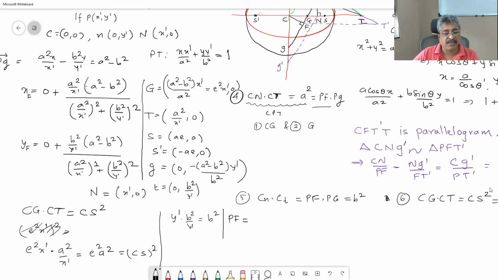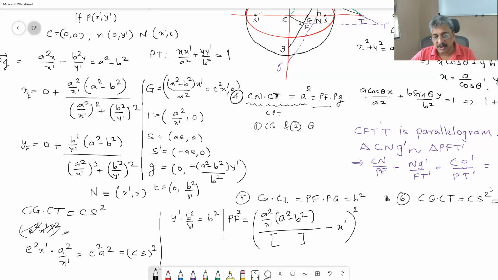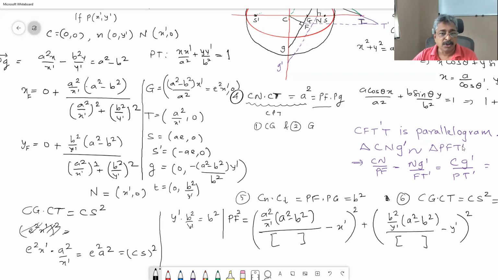So PF is xF, let me just keep it as it is, bracket squares inside this, minus the x coordinate, this is PF square is equal to this plus b square upon y dash into a square minus b square upon the box minus y dash bracket square, PF square into P into G square.